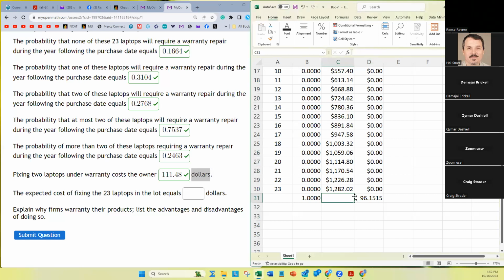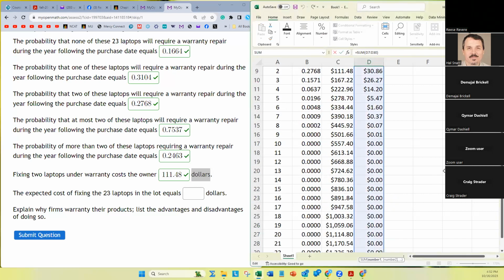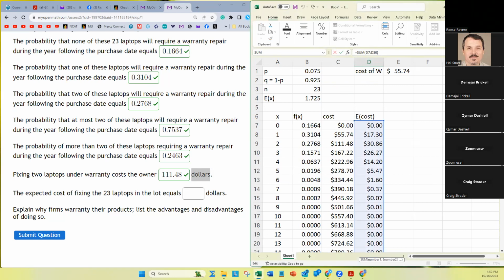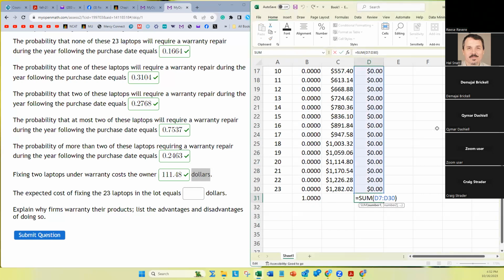I'm going to delete that sum. I'm going to sum this. So I summed all those, right? And those are just the cost times the probability, the individual cost times the probabilities, right? 96.15 is my expected cost.